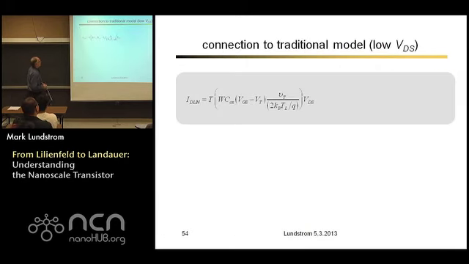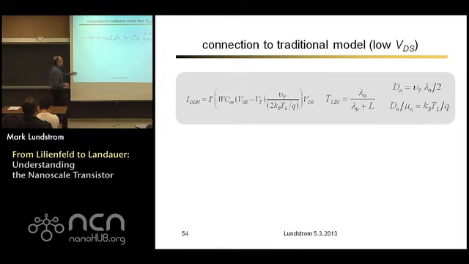Okay. All right, so here's the expression that we've developed. There's no mobility or anything. It looks completely different. But we know that the transmission is related to mean free path. And I have to pull out a little transport theory. The diffusion coefficient is also related to mean free path.